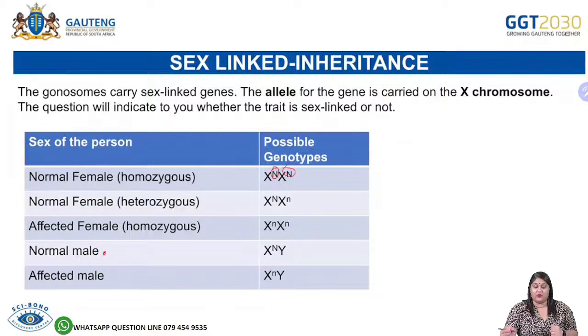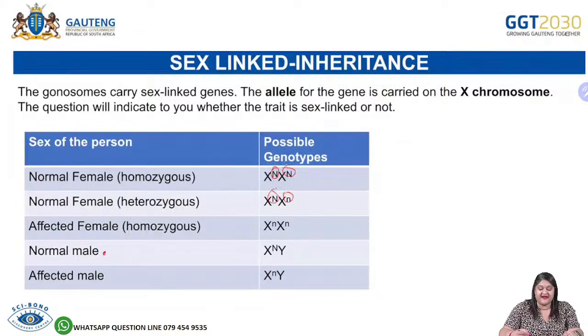Another normal female can also be heterozygous, because remember, this is the dominant. We're using the word normal here because it's just showing you generic examples, but when we do specific examples, you will see that we're not going to use the word normal.